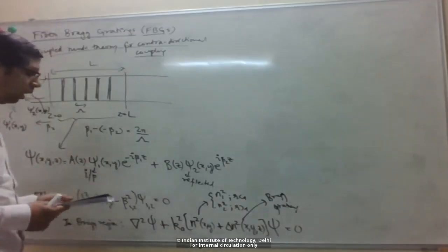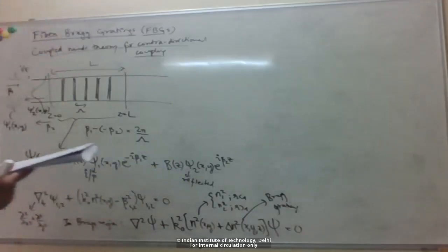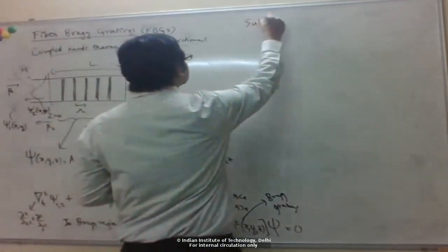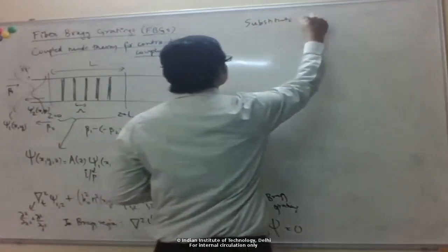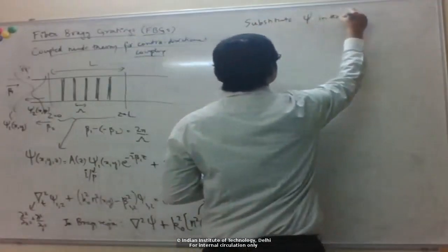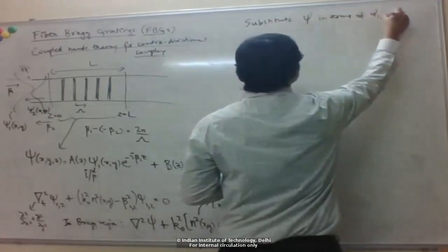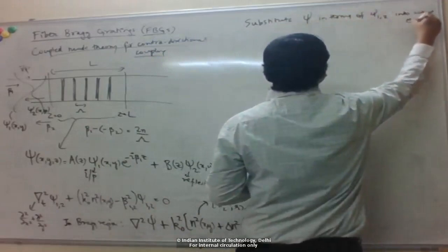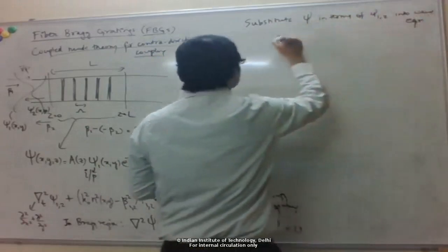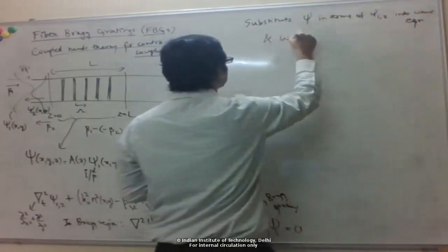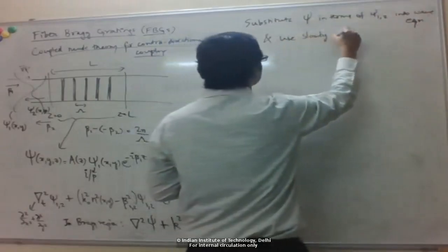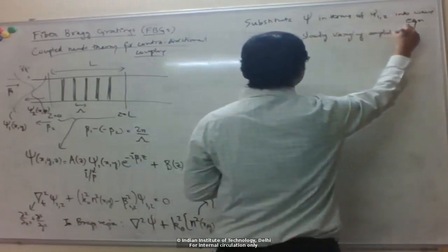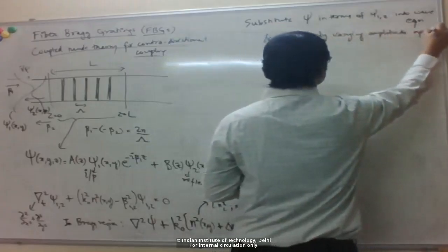And then again we use this slowly varying amplitude or slowly varying envelope approximation, right?